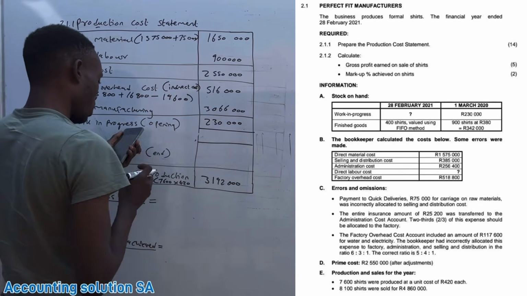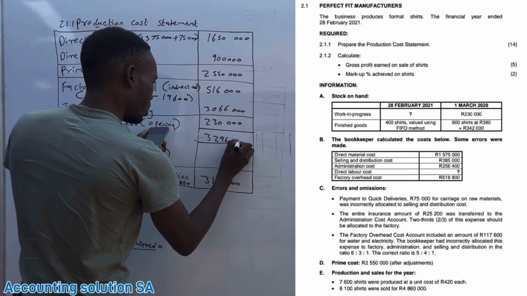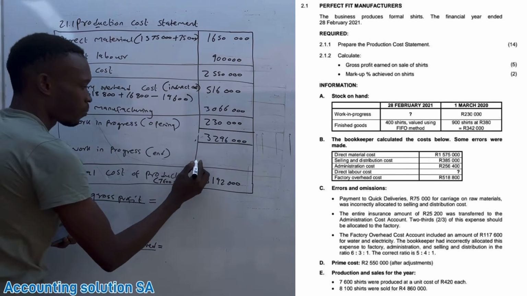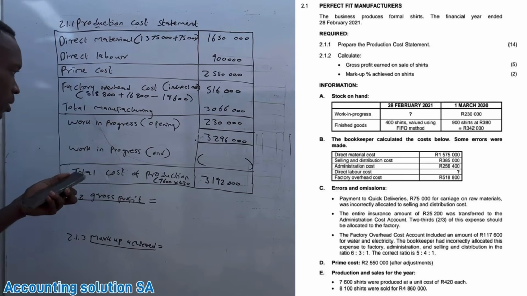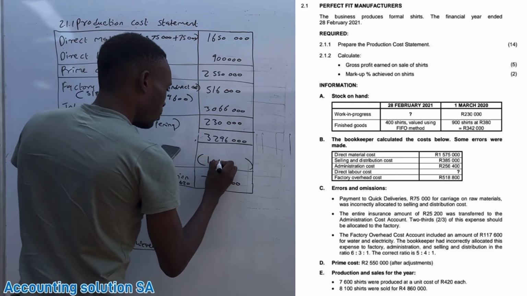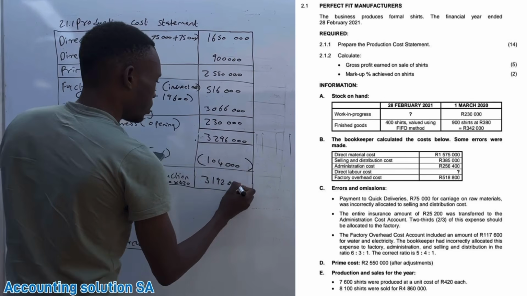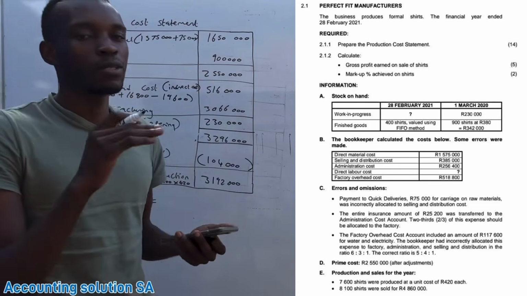You add these two, you're going to get 3,296,000, and after that we get the difference between these two. Then closing stock is always minus, guys. 104,000, just like that.